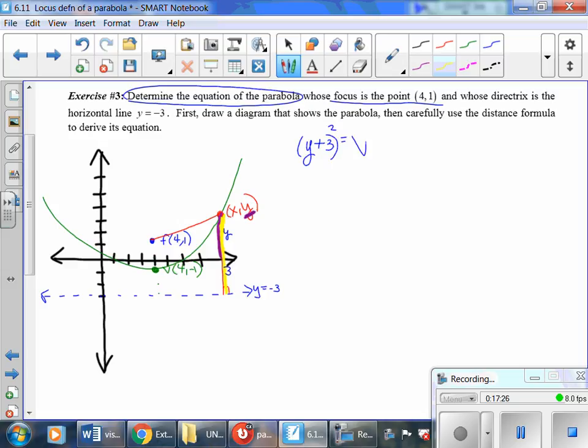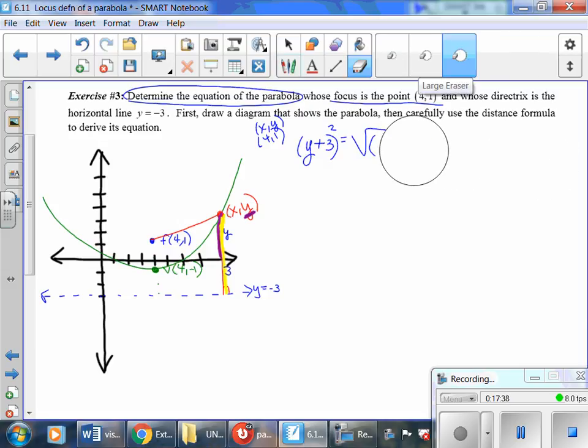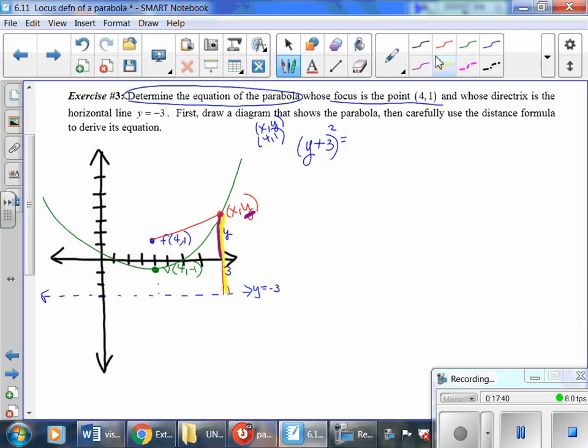is equal to, those 2 points again were x, y and 4, 1. So this is going to be the same thing. It's really just going to make my multiplying a little bit more complicated. So I'm going to do x minus 4 squared plus y minus 1 squared.